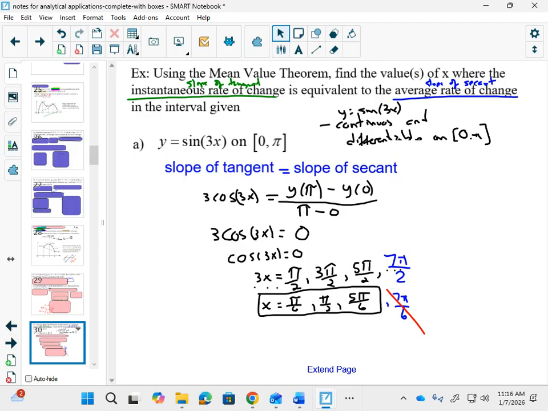That means somewhere along the way, I had to be going 100 kilometers per hour. It also sort of says that if I started at a stop, I had to speed somewhere in order to get that average to be 100 kilometers per hour. But there must have been a moment that my speedometer said exactly 100 kilometers per hour. Okay. Somewhere along the way. It's impossible to get from here to there with an average speed of 100 kilometers per hour without some time during that my speedometer is showing exactly that.